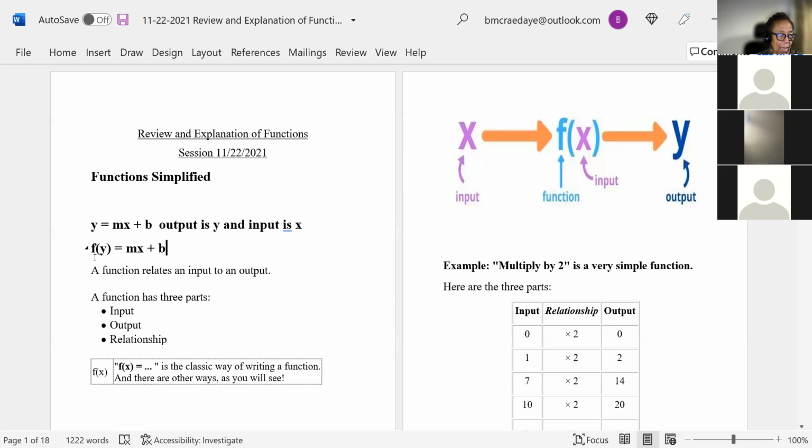So, Miss Barbara, the x would go into the parentheses. Yeah, the x would go here, not the y, but f of x is equivalent to y. So we can say f of x is equal to what we've been calling y. So they're the same thing. It's just a different way of noting it.